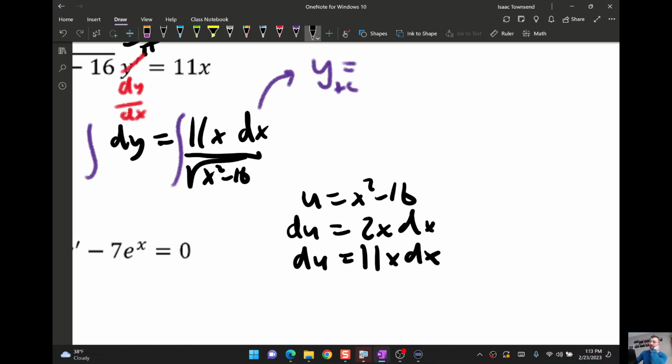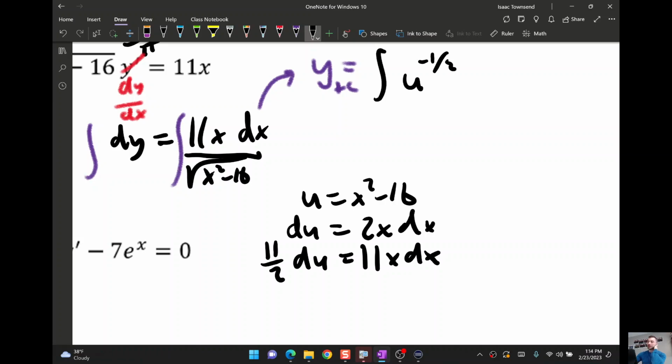Divide by 2, multiply by 11. Divide by 2 makes it 1, multiply by 11 makes it 11. So multiply by 11 halves.